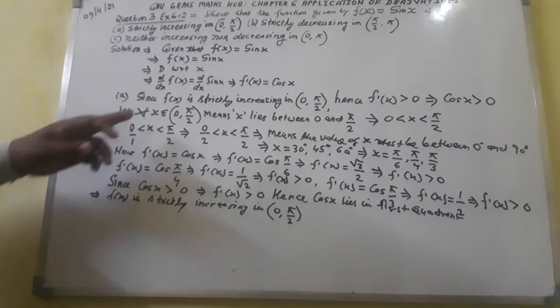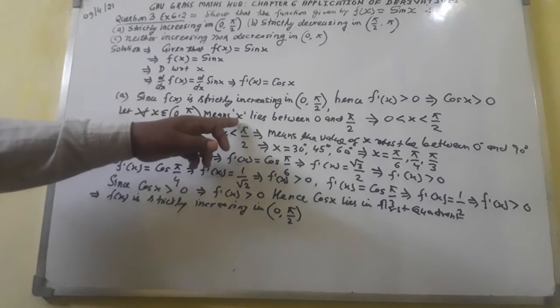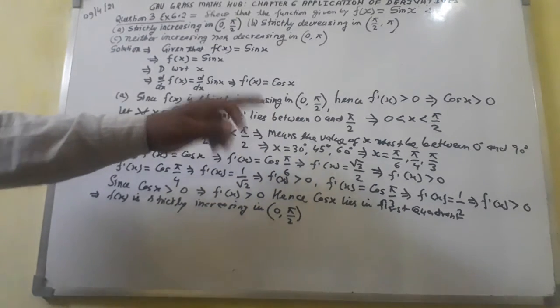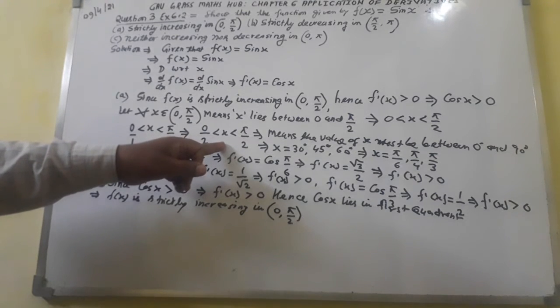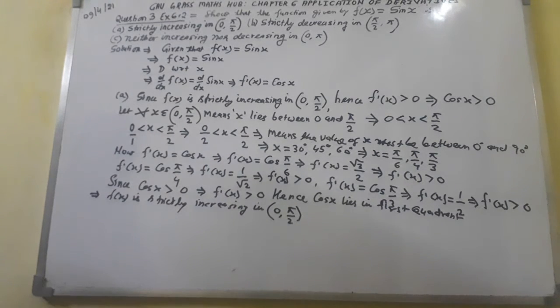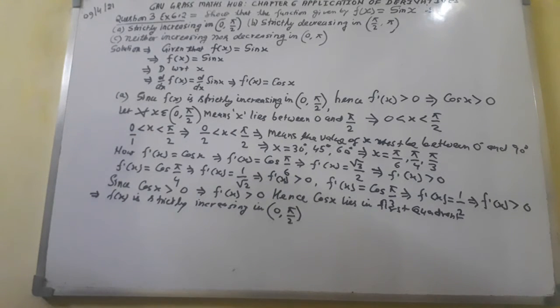Let for all x belong to open interval 0, pi by 2, means that x lies between 0 and pi by 2, which implies that 0 is less than x less than pi by 2. On the basis of this identity, I have established the value of x must be between 0 degree and 90 degree.